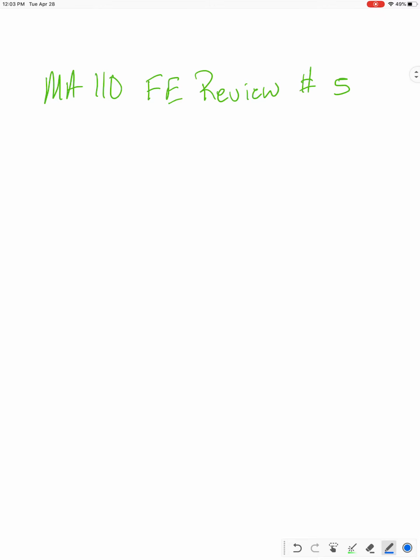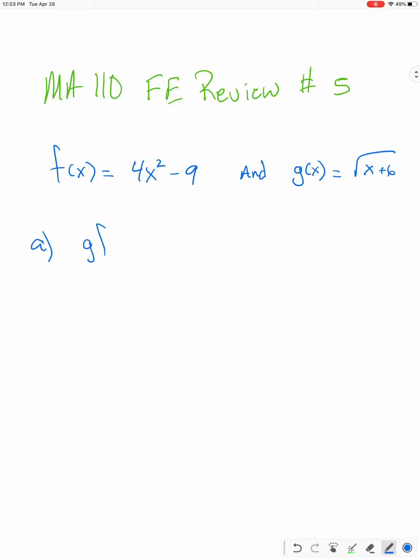We have f of x is equal to 4x squared minus 9, and g of x is equal to the root of x plus 6. And we are asked to find, for part A, g of f of 4.